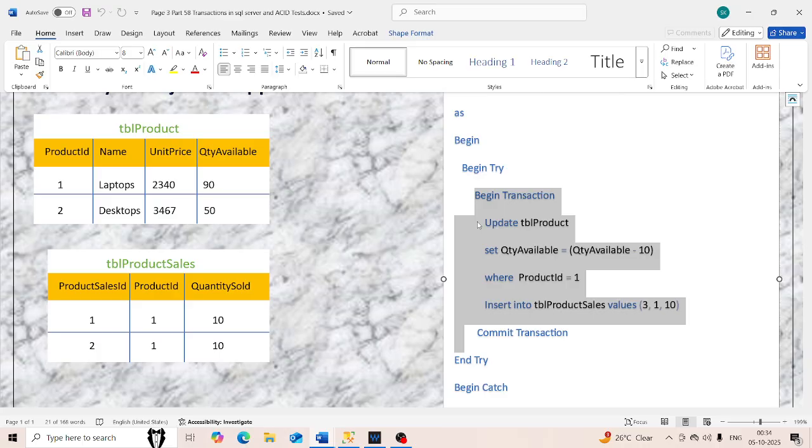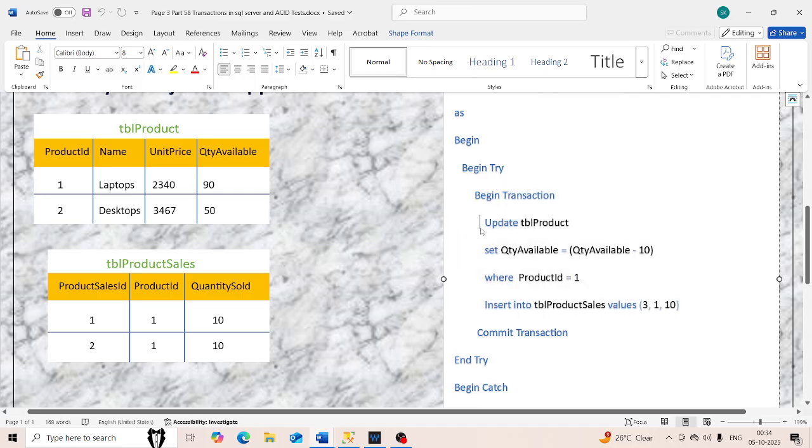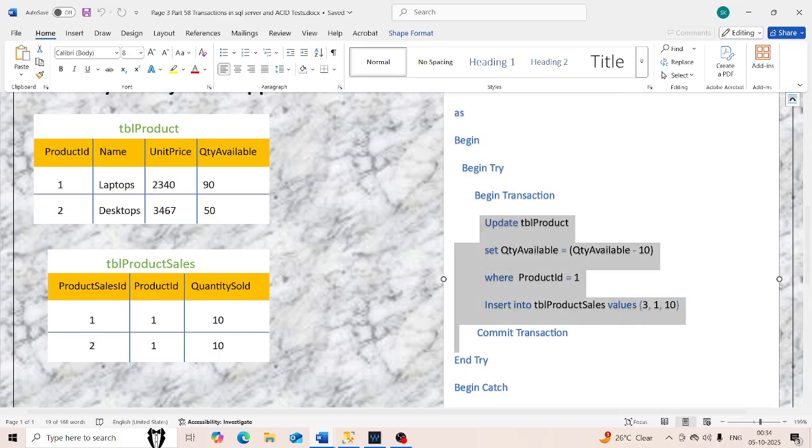So the atomicity of a transaction states that both of these statements should be treated as one unit. Either both of them succeed.